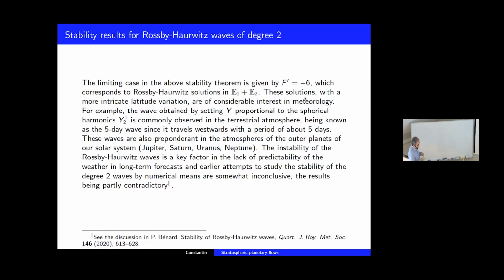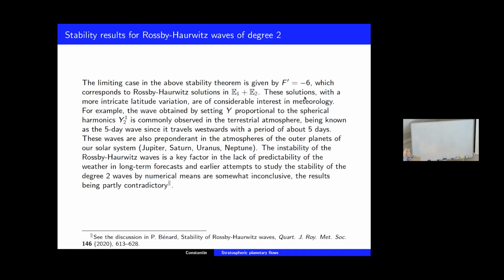So in particular, in this recent paper there are conflicting numerical simulations. Some indicate that it's stable, some indicate that it's unstable. At some point there should be instability, because Jupiter and Saturn show that, but they wiggle a lot.